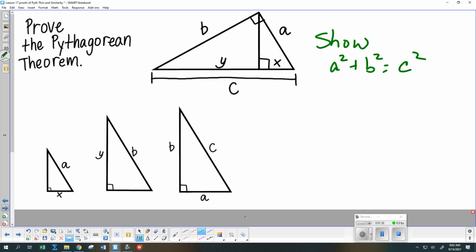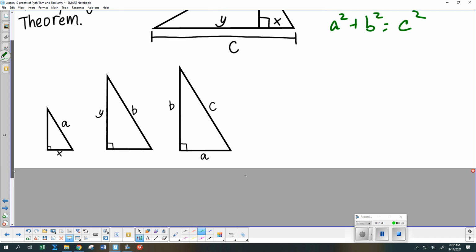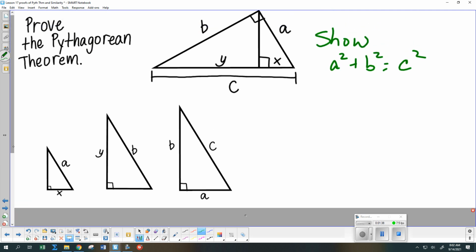Then I'm going to start writing down things that I know about these similar triangles. I know that these are similar. They all have a 90-degree angle. And then, let's see, this one and this one, that's actually the same angle.